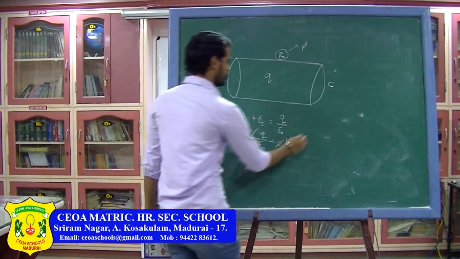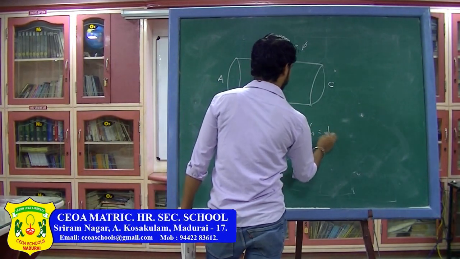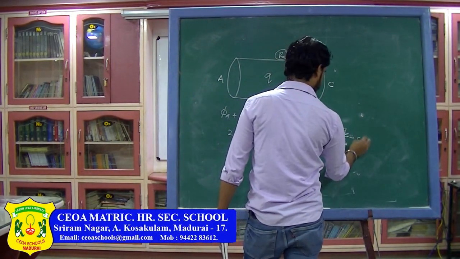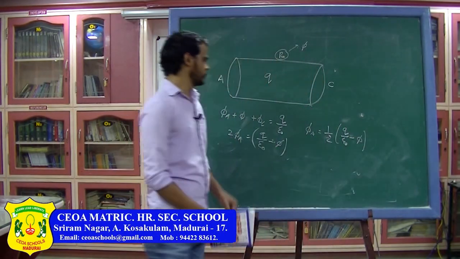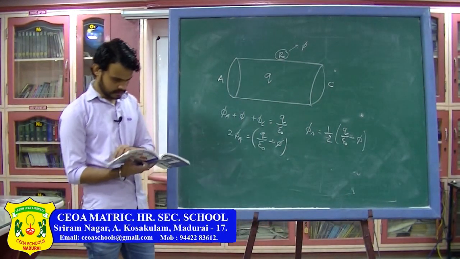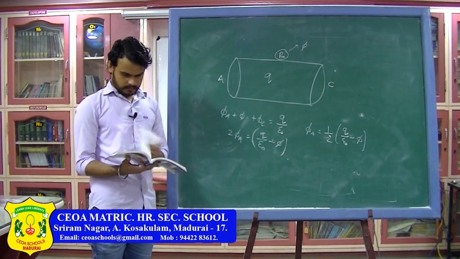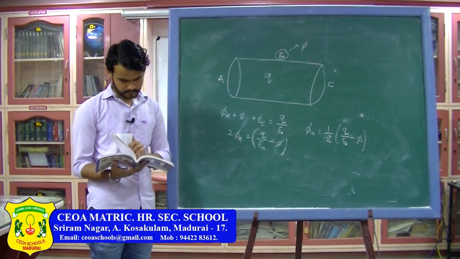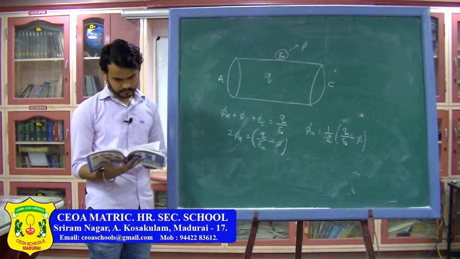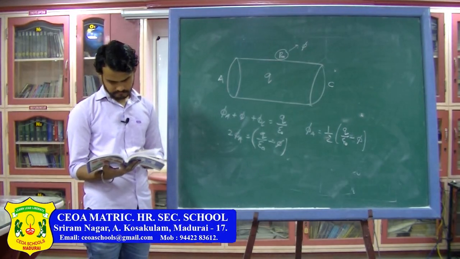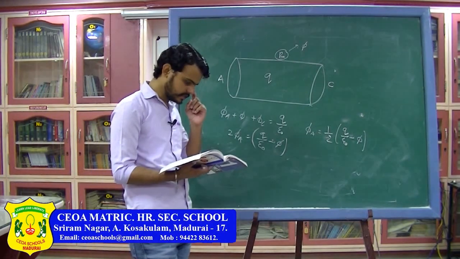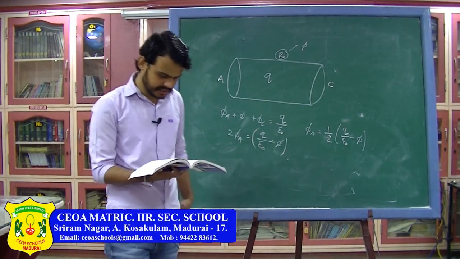So flux through A will be half of q divided by epsilon naught minus phi. So the answer is 1 by 2 into q divided by epsilon naught minus phi.